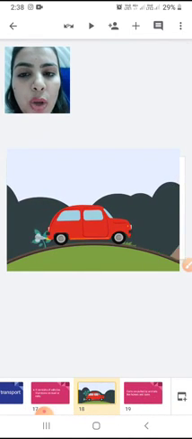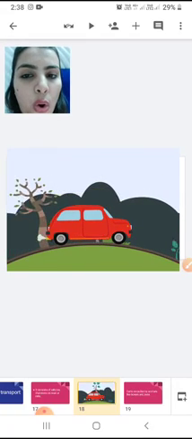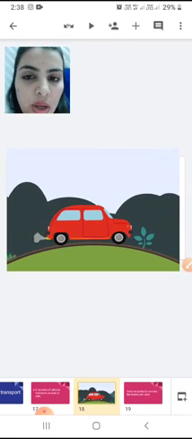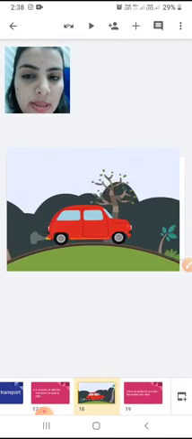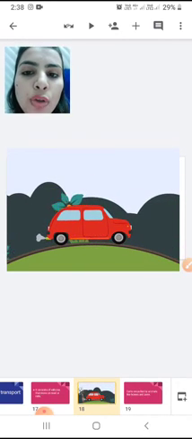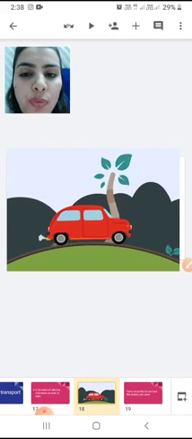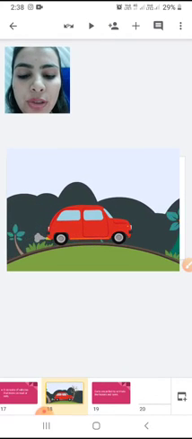See, car. We use cars to go to our offices or to travel from one place to another. When we have four or five people, we use cars in that situation.